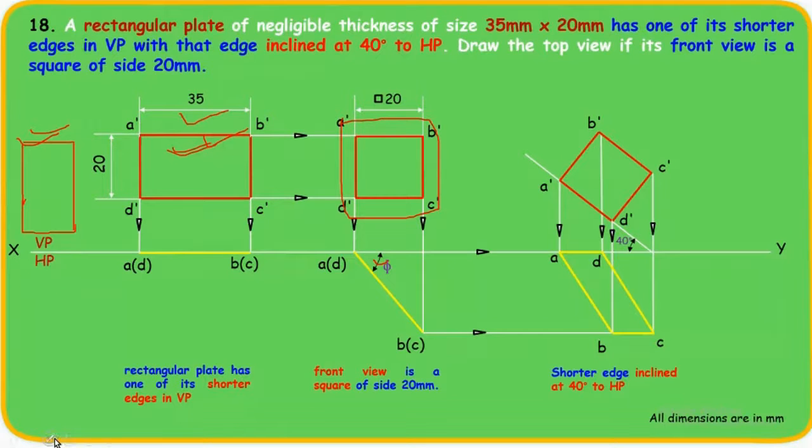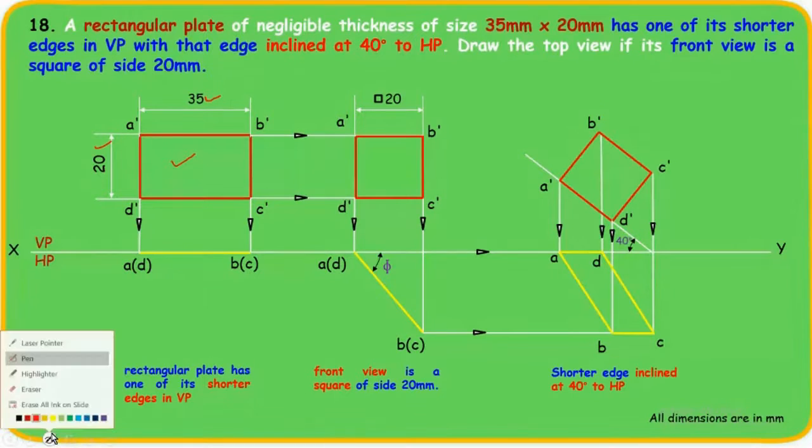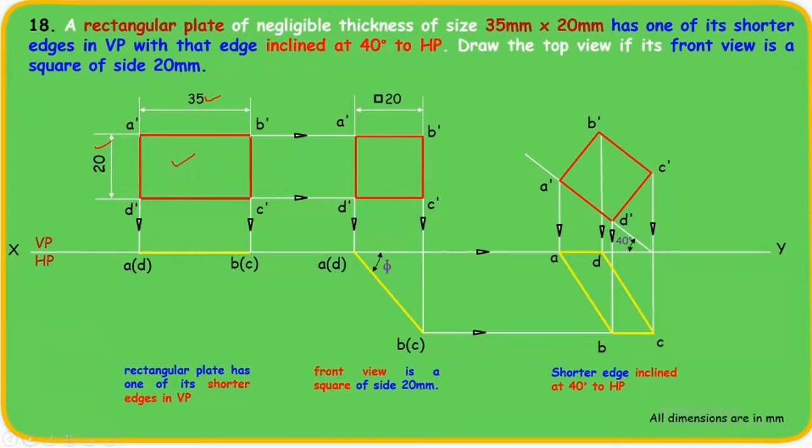Once you're done with the first step, draw the front view first. Show the dimensions. I'm first explaining, then I'll show it in Google SketchUp, then we'll start with Solid Edge, and then you can start drawing it. So first you draw the front view of side 35 mm into 20 mm. Then draw the projections.